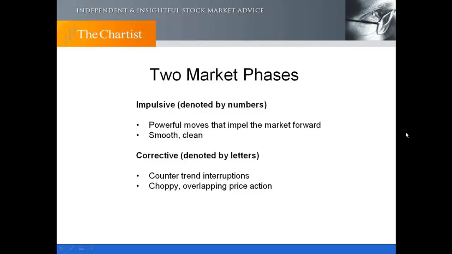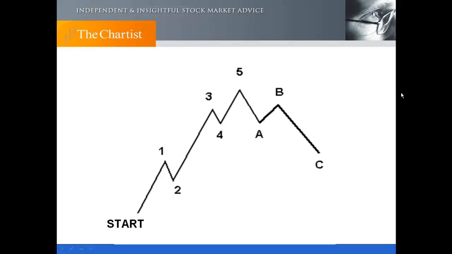So if you can understand how a correction unfolds, and we're going to look at this, then you can better understand when and where an impulse will start. And if that's what we're doing, i.e. trading the impulses, then understanding where a correction will complete, you'll understand where an impulse will start and you'll be in a better position to trade it. So let's move on. Here is a very, very typical Elliott wave pattern.